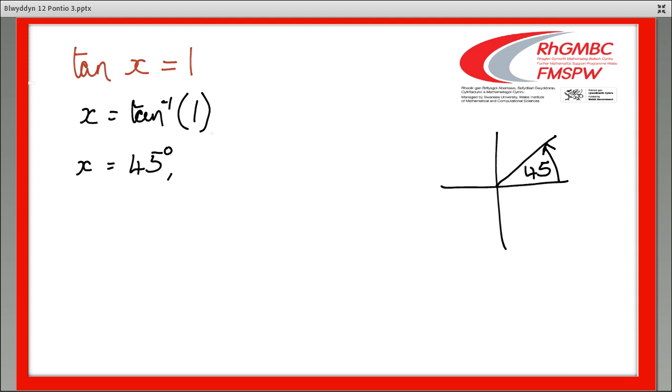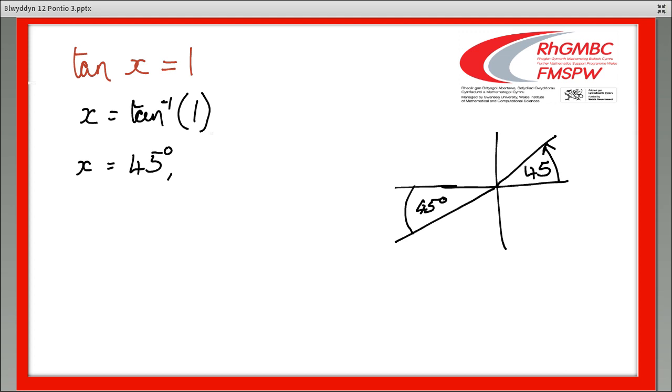The next quadrant, tangent is positive. So when we've got +1, tangent could be there. So it comes down that way, and that's at 45 degrees also. So effectively, it's just going straight through the origin.